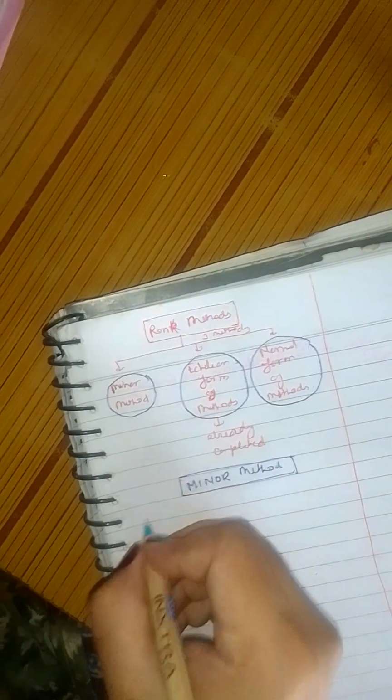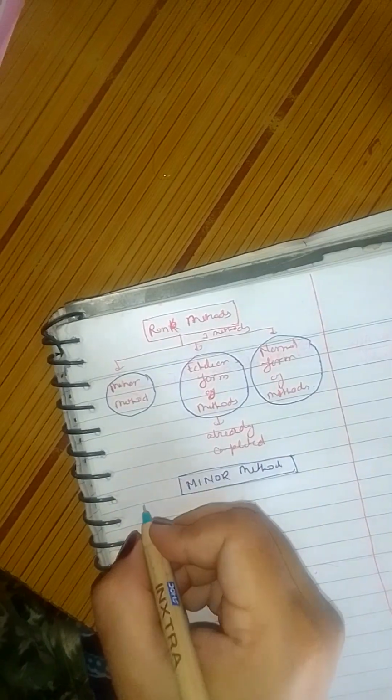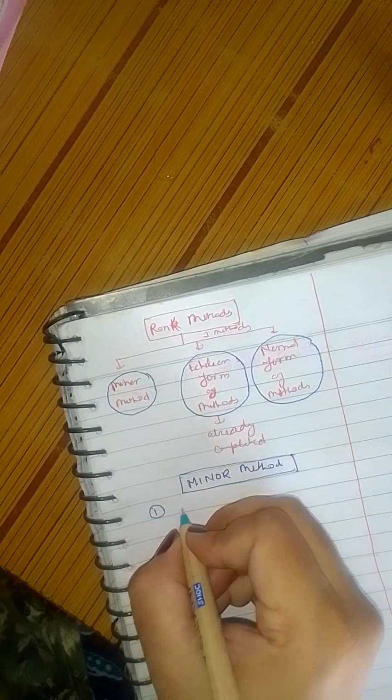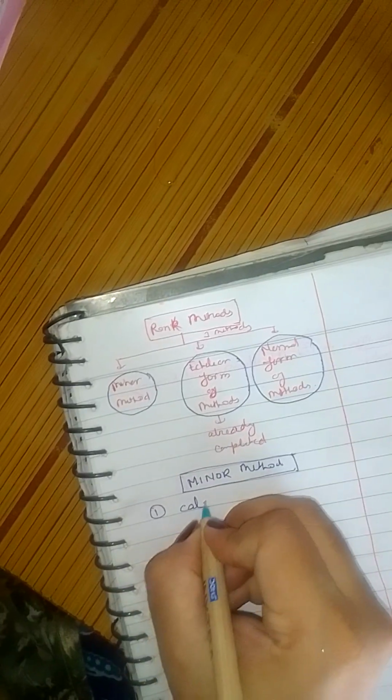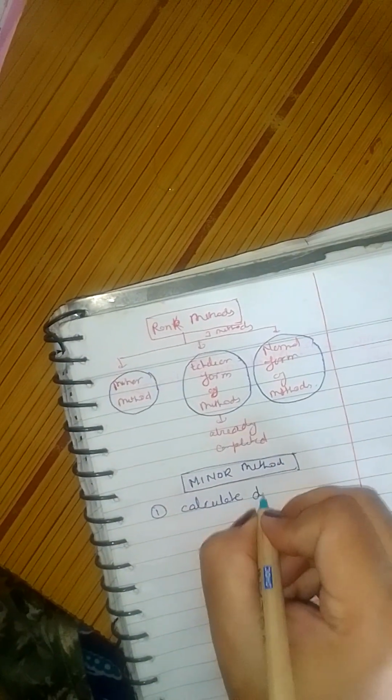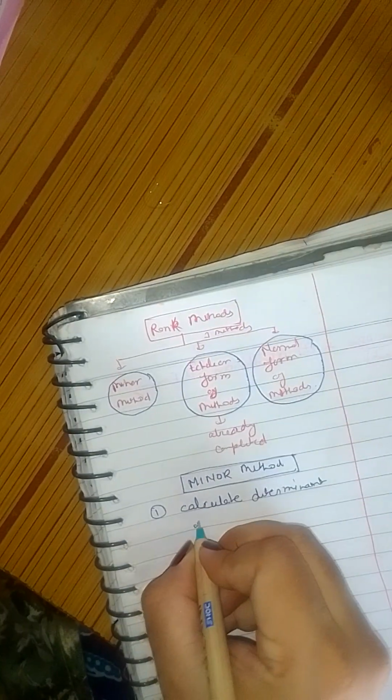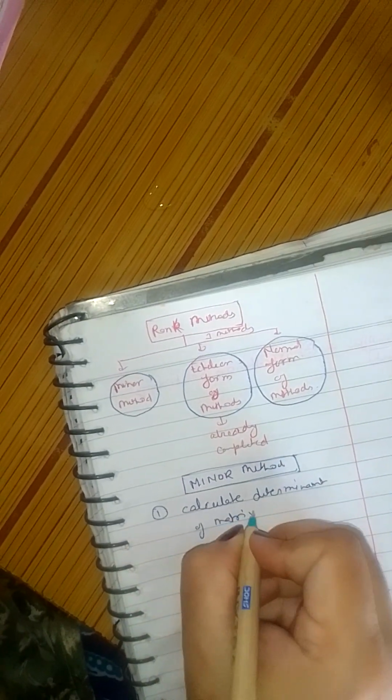So what steps do we follow first to calculate the rank of the matrix? The first step we follow is to calculate the determinant of the matrix.